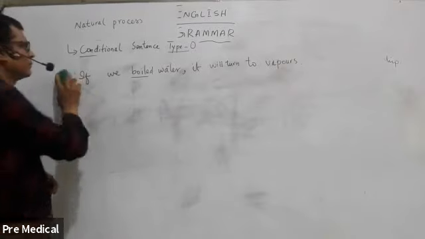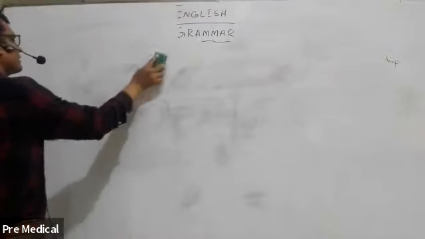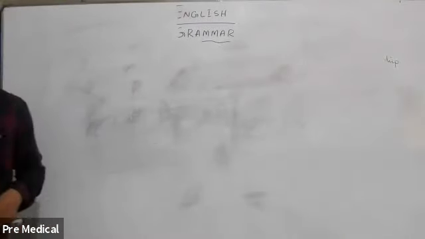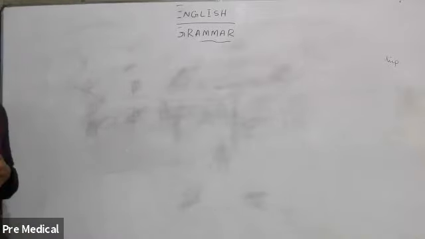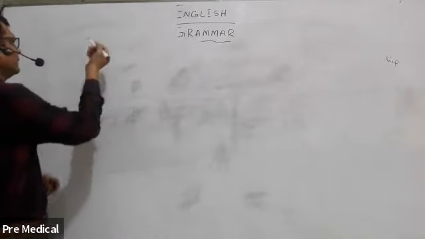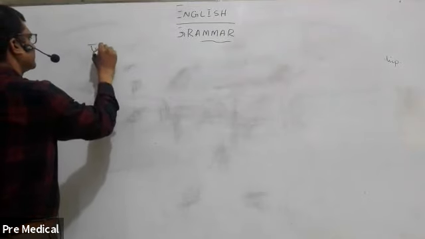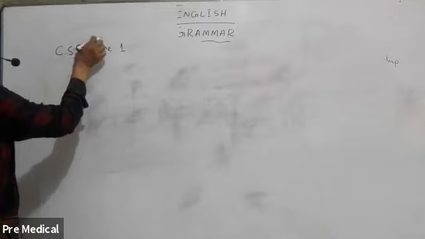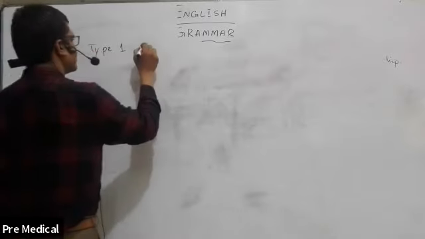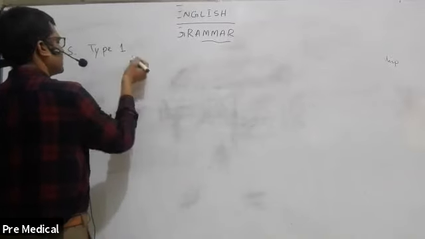Okay, so on the whole, we see that there are four different types of conditionals. Type 1, as a quick review, conditional sentence type 1 is a possible situation.